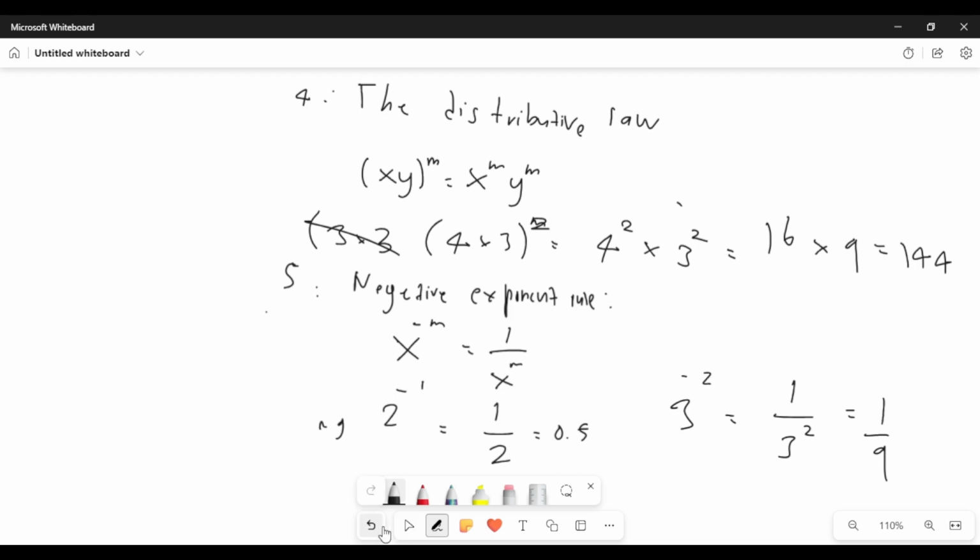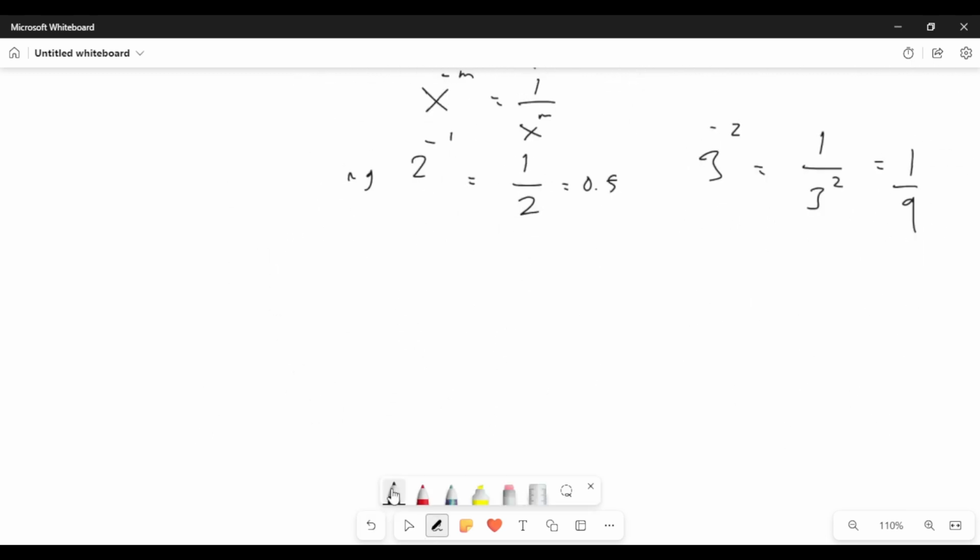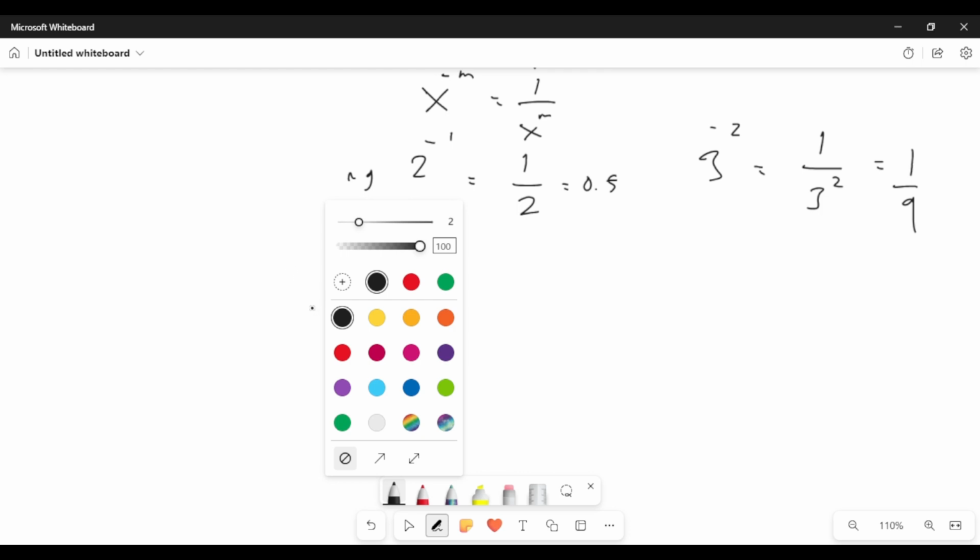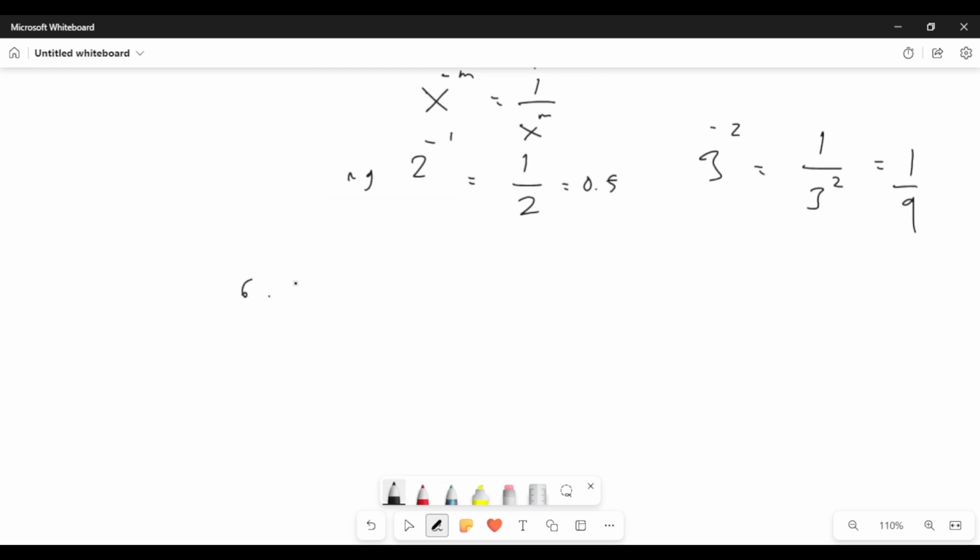Oh wait, we have another one. The last rule, the sixth, is the roots rule. Here is what happens when we have the fraction exponent 1 over n. What this means is we have x in brackets, root of n.